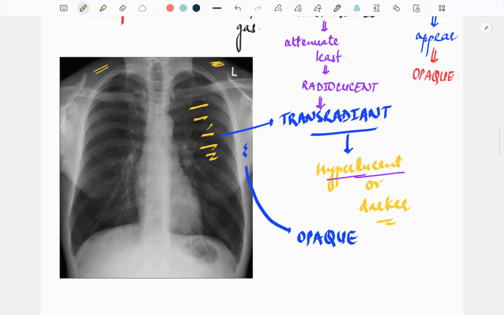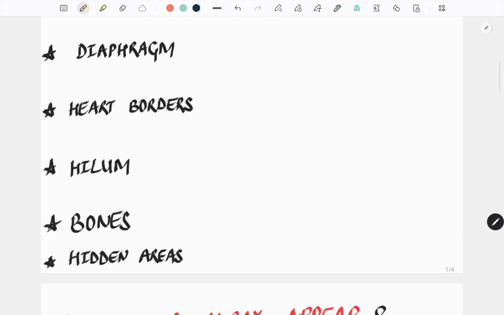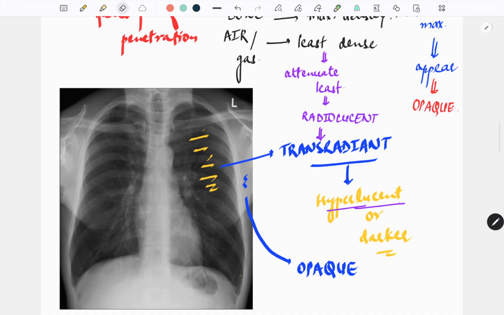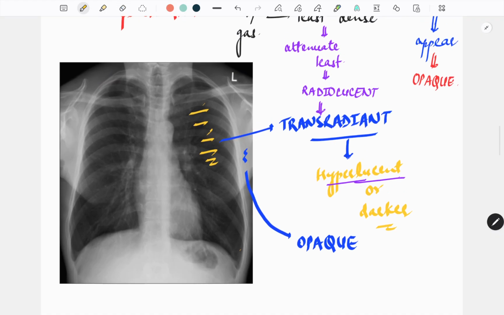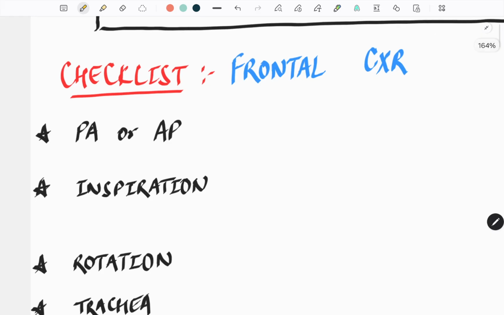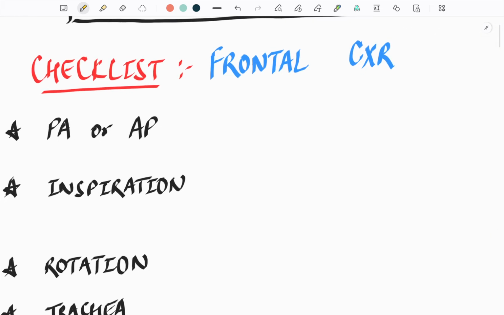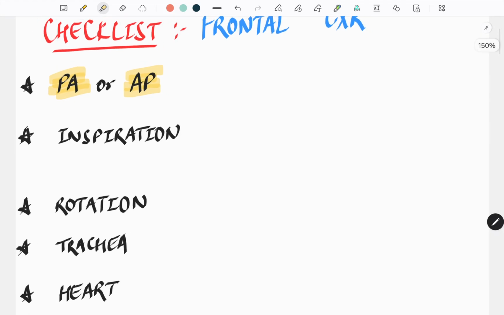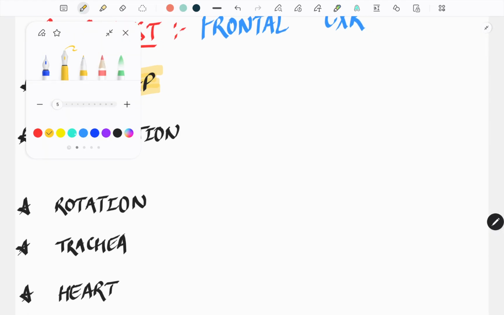First of all, we'll see whether a chest x-ray is PA or AP. Why so? What is the importance?